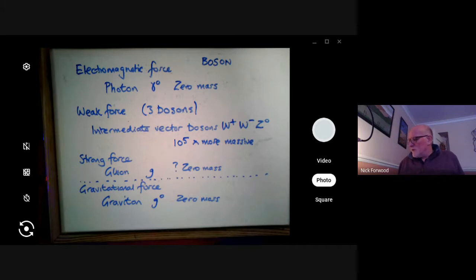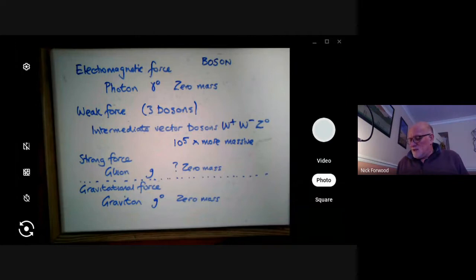Now, there is one other boson that you may have heard of, and it was discovered not too many years ago. It's called the Higgs boson. First, it was thought of in theory by a physicist called Peter Higgs, who's from Edinburgh. So it's a bit of Scottish physics, which is why I'm just throwing it in. Peter Higgs from Edinburgh came up with a theory back in the 60s that there was another particle that exists that's responsible for giving things mass.